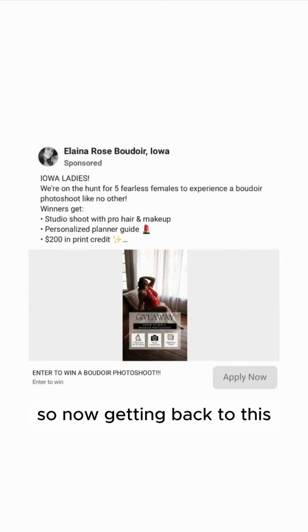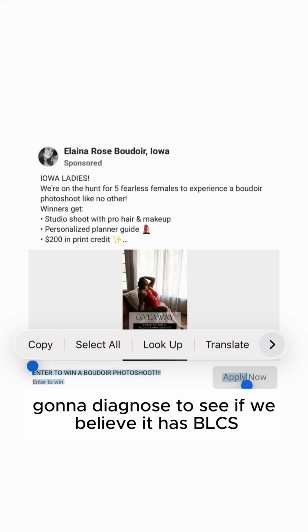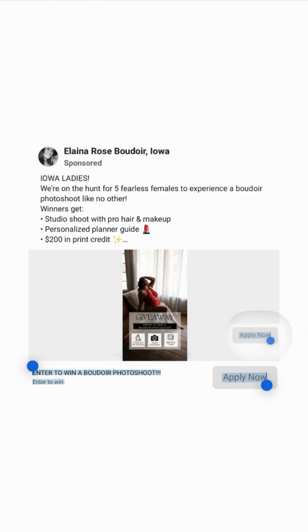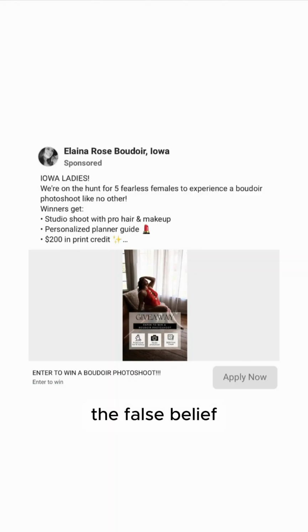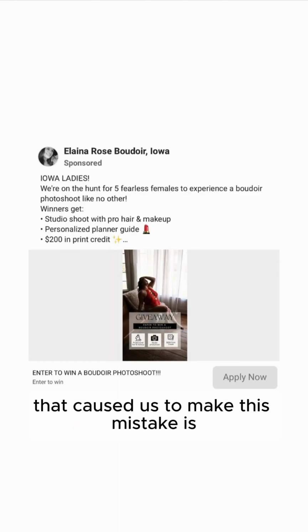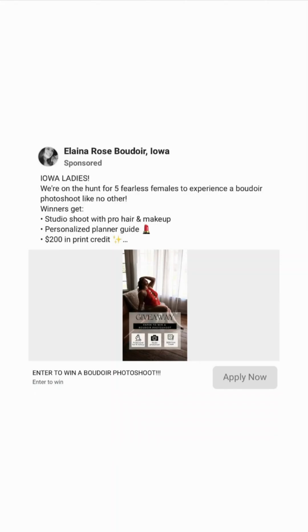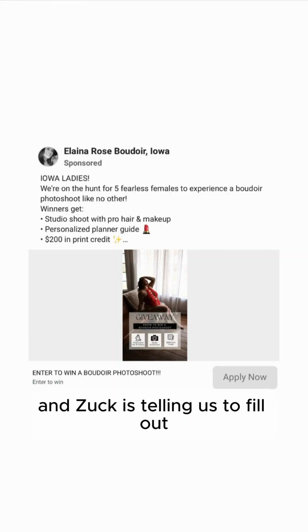So now, getting back to this, I'm going to diagnose to see if we believe it has BLCS, yes or no. So we got the below creative cluster mistake here. The false belief that caused us to make this mistake is, we're filling out everything in the Boudoir Facebook Ads Manager that Zuck is telling us to fill out.